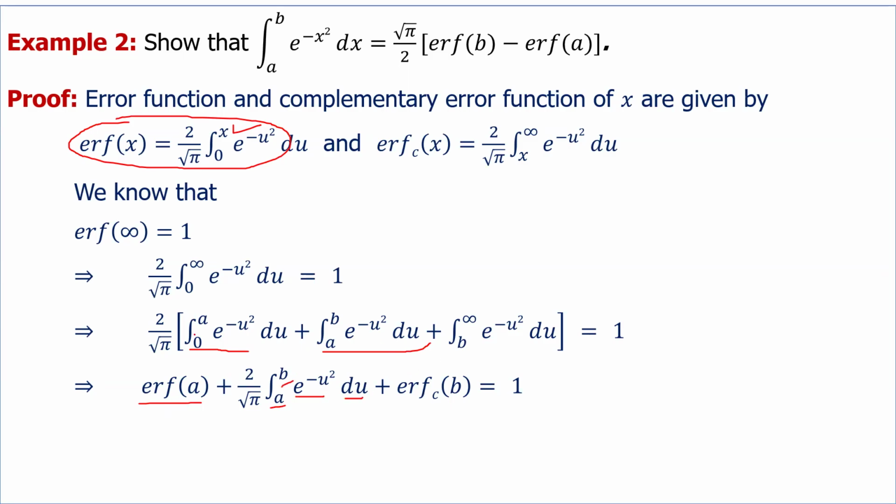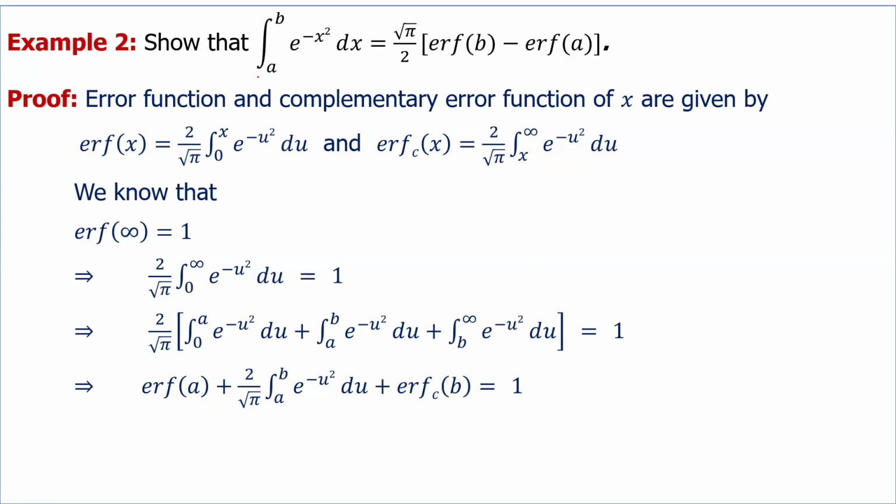And if we take the third part, 2 upon root pi integration under the limit b to infinity of e to the power minus u square du, this is nothing but the complementary error function of b, which is given by 1.